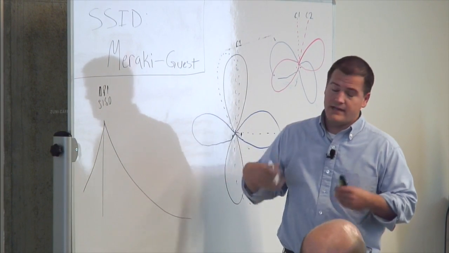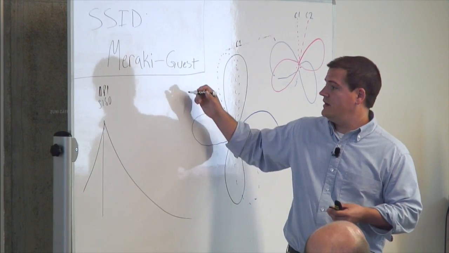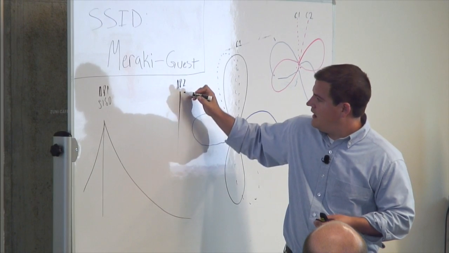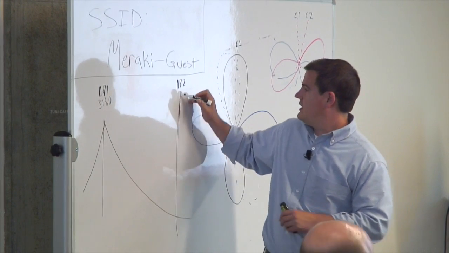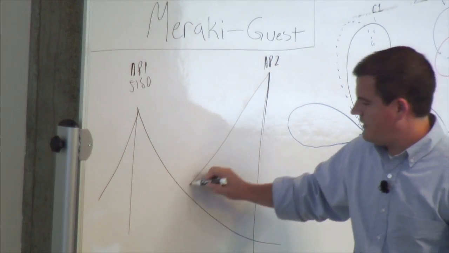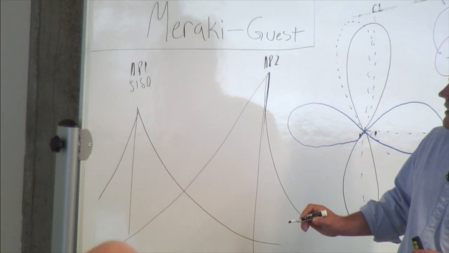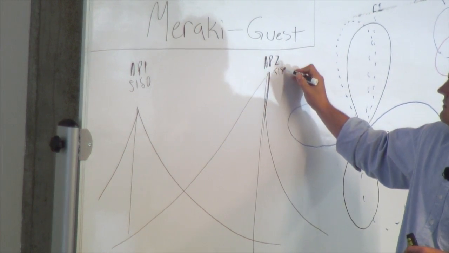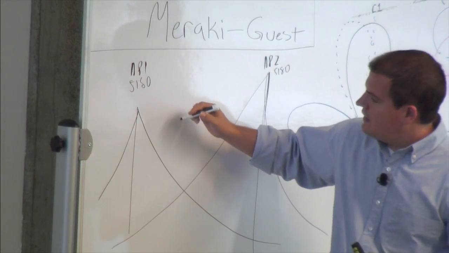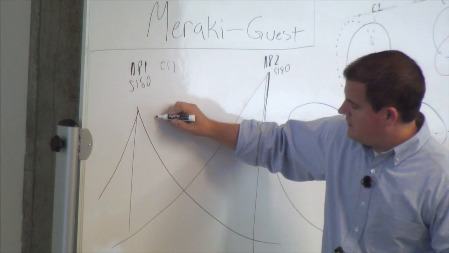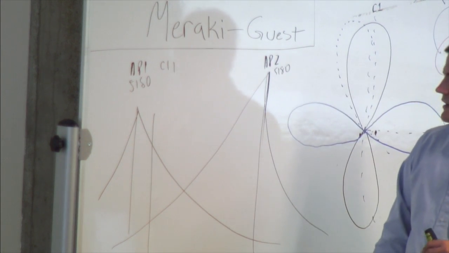In high density deployments, there's a co-channel AP at a distance with a similar power delay profile, and often it's on 5180 as well, the same channel. And we have a client that may be associated to AP1 in this general area.